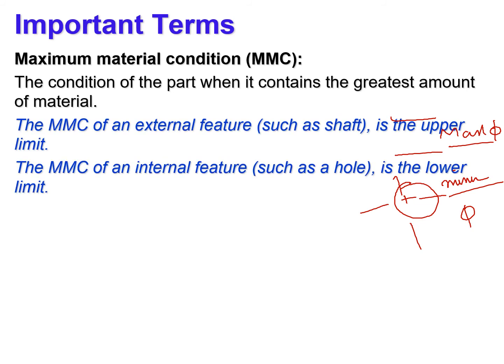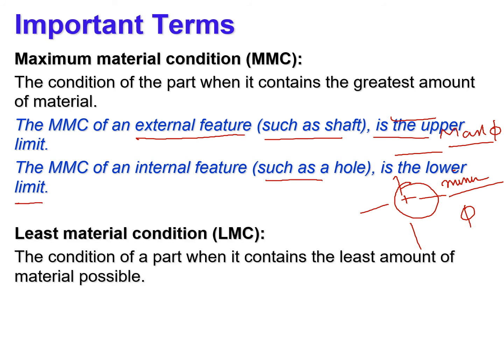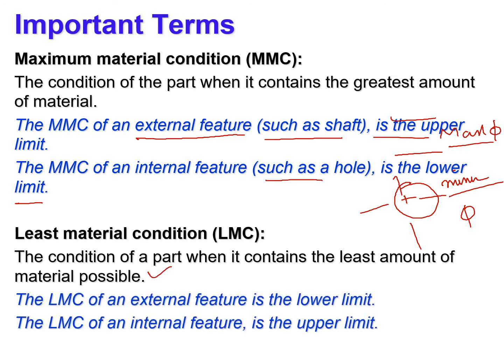Again, the MMC of an external feature such as a shaft is the upper limit, and the MMC of an internal feature such as a hole is the lower limit. Then the least material condition is the condition in which the material is minimum. In this case it is the lower limit for the external feature, that is the lower diameter of a shaft, and the maximum diameter of a hole, so the upper limit for a hole, the internal feature.